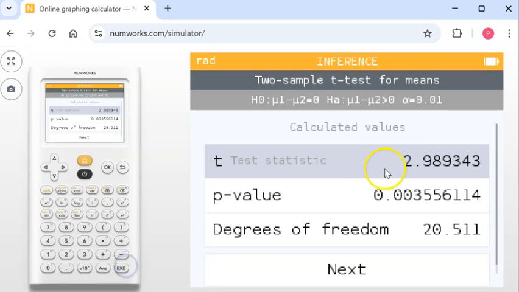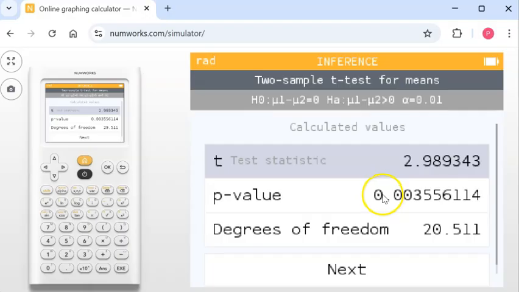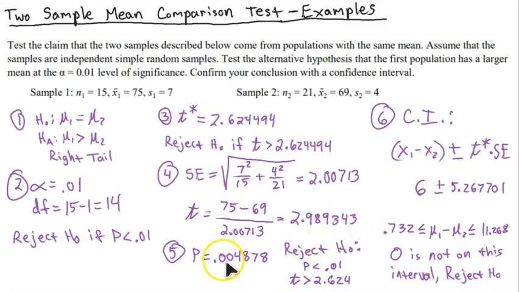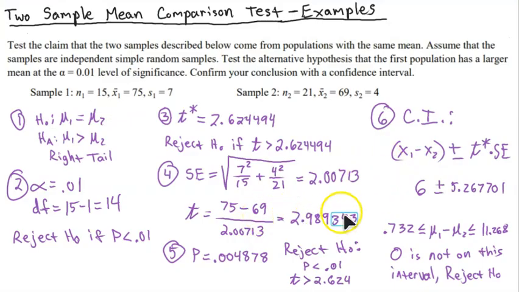And then we're going to hit next, and there's our test statistic, 2.989343. And so I just wanted to show you, and let's see if the p-value is correct. No, the p-value is different, and it's because the degrees of freedom are different, okay? But the t-test statistic is the same.